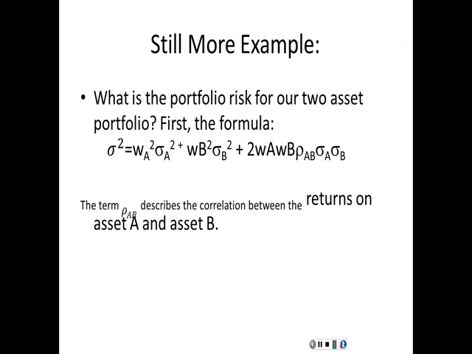And if you look at this, you see that you have 2 times the weight in A times the weight in B times the correlation, then times the individual risk in each stock. The key piece there is the correlation between the returns on A and B. That tells you how often A and B's returns move together. That's what we used a minute ago when we were just describing correlation.